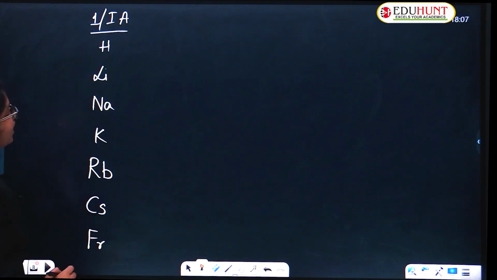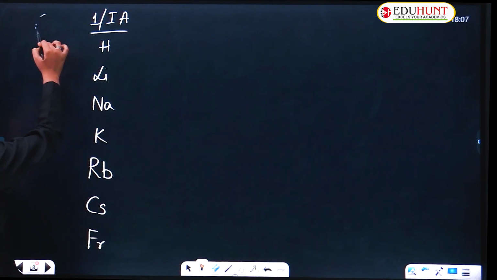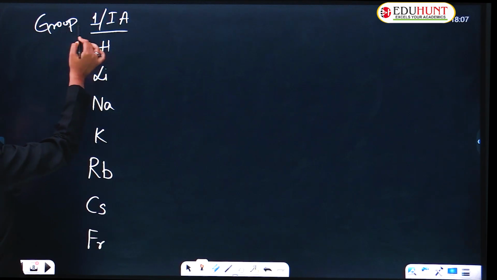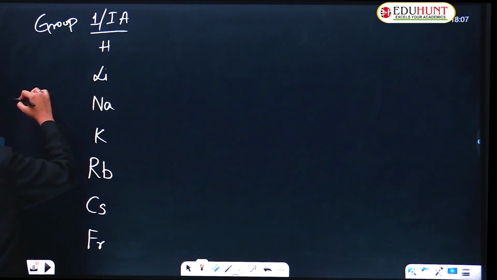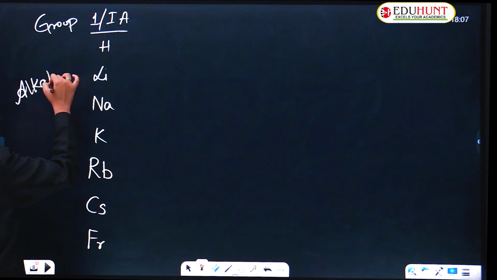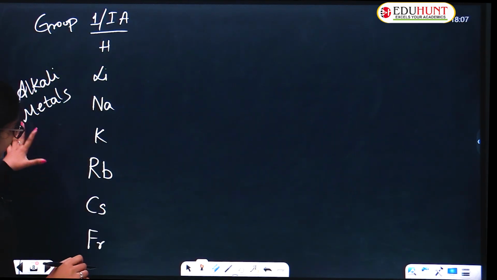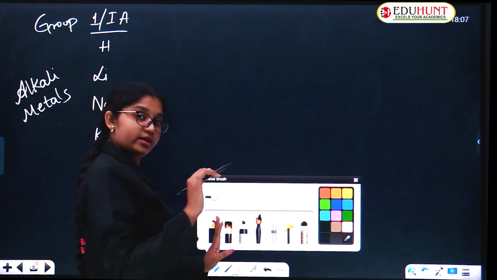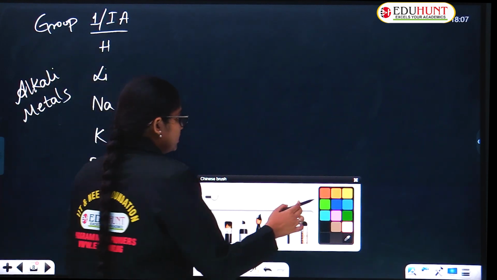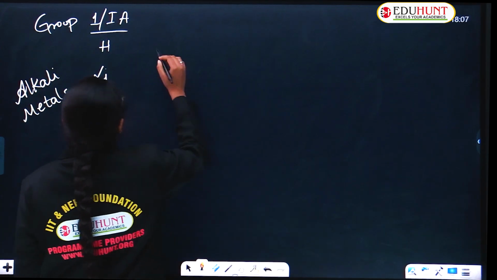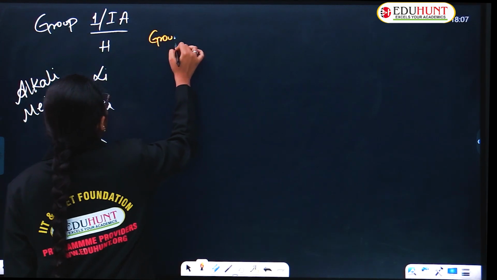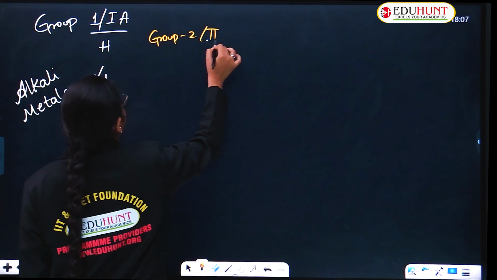So these all belong to group 1, and they are named alkali metals. So these metal hydroxides are very strong, and we have another group, group 2 or 2A.